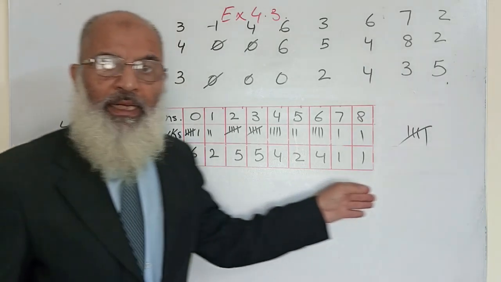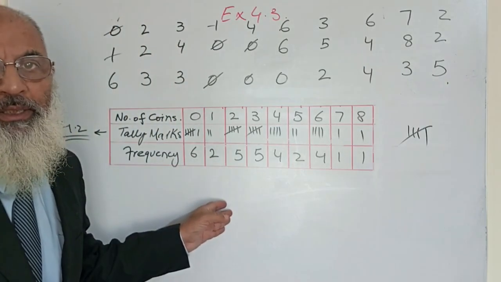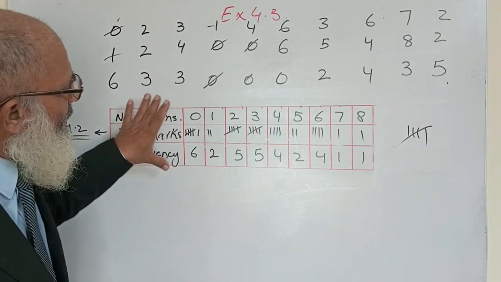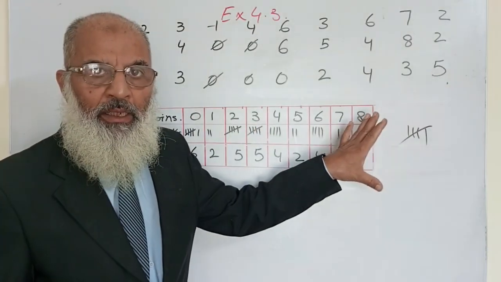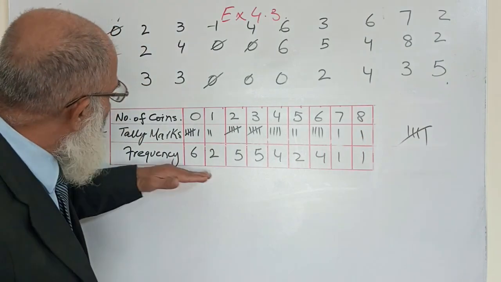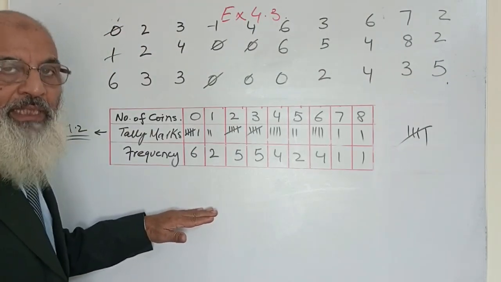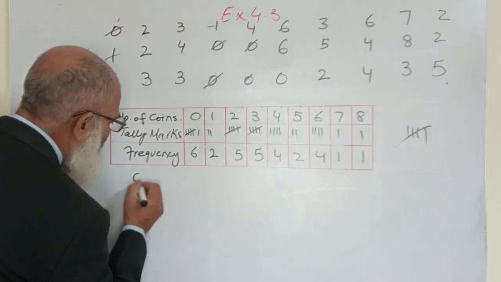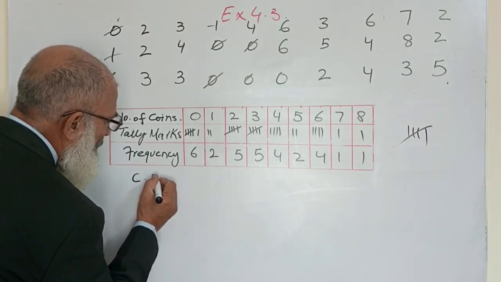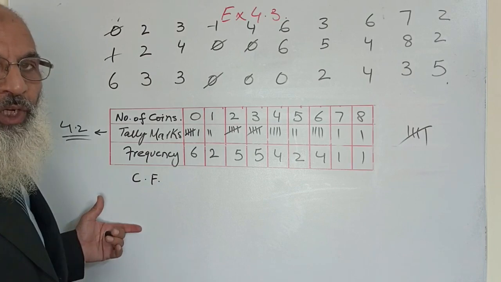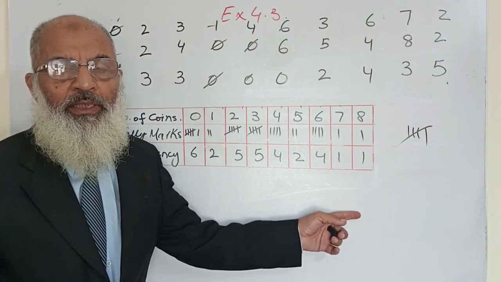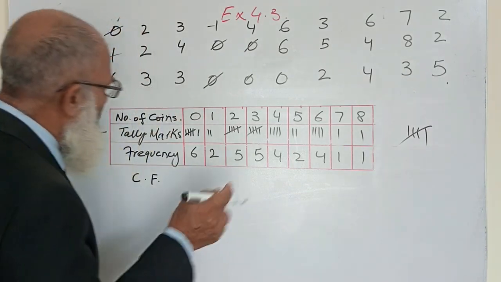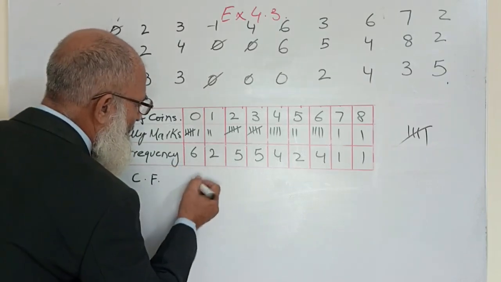Now you see that the frequency table has been completed. This is called the frequency table. You can extend this frequency table downwards, as I told you. How? If you want to know the cumulative frequency, let me do the cumulative frequency for this particular example.